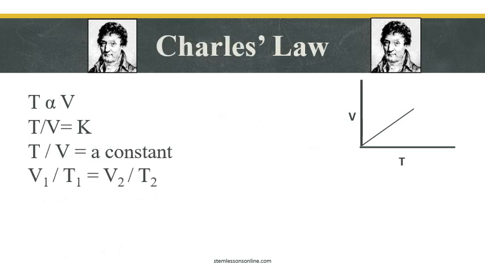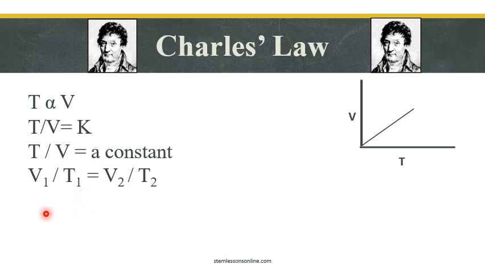So the second one is the relation between temperature and volume. When the temperature increases, volume is also increasing. So this is a direct relationship, not like pressure and volume. So we are getting the volume versus temperature graph as linear. So V over T is a constant, or T over V is a constant.